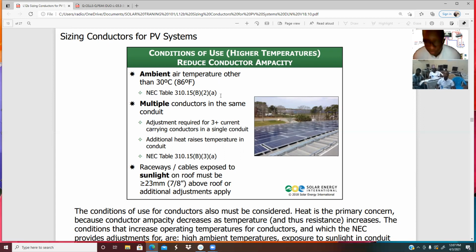But because you have three in one conduit, there's a high possibility of it generating a lot of heat. That's what we are talking about here, especially in high temperature areas, like places that go up to 86 degrees Fahrenheit. That's a very common temperature for Liberia, isn't it so? It can be as hot as 90 degrees in Liberia or more, not so? So that's what they are talking about here.